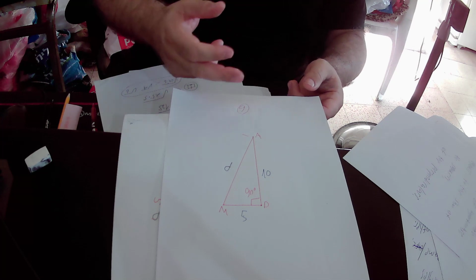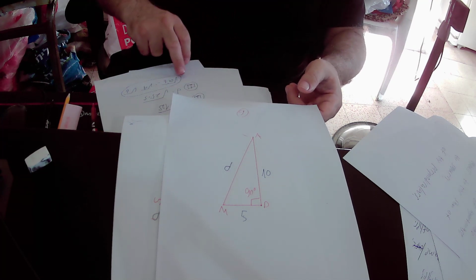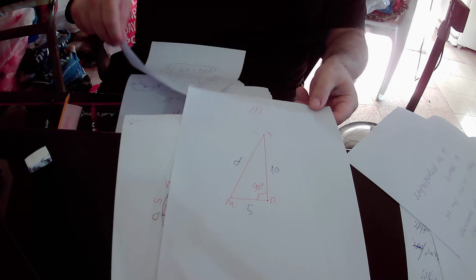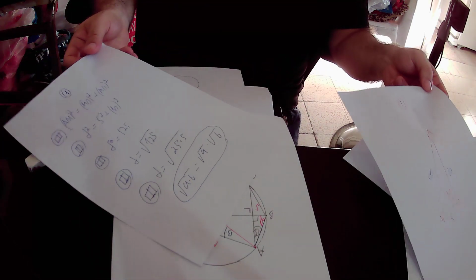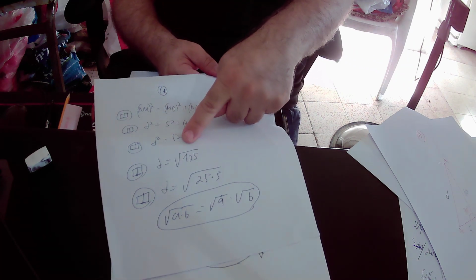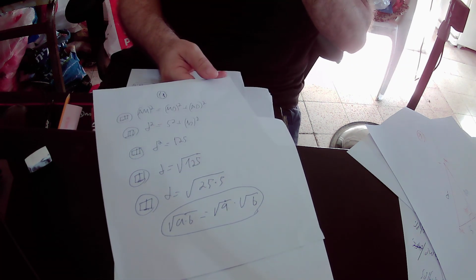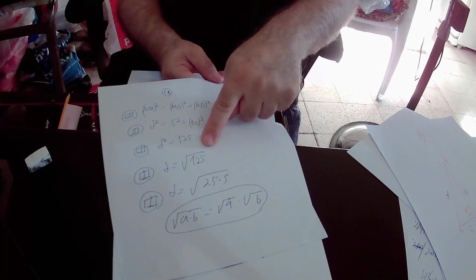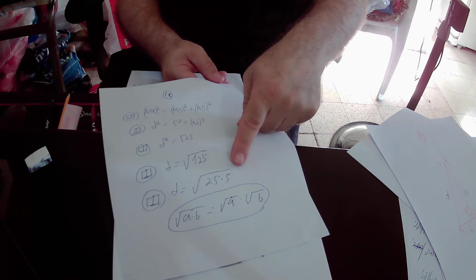So we can put the data in equation number 3, and we get that D equals root of 125, and 125 equals 25 times 5.